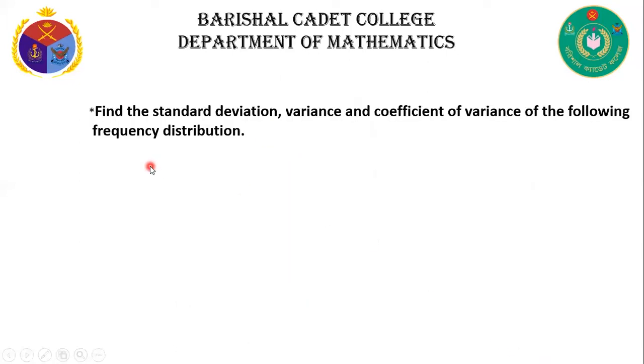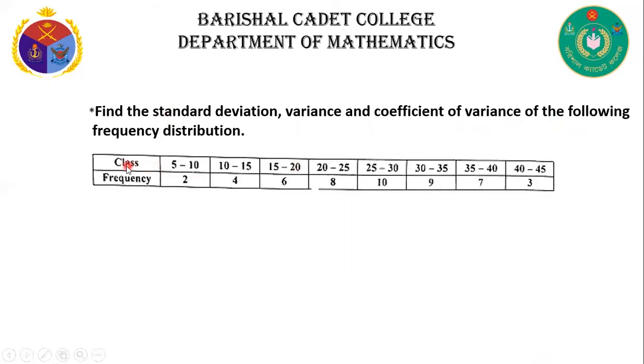Now another question. Find the standard deviation, variance, and coefficient of variance of the following frequency distribution. Here the given classes are 5 to 10, 10 to 15, 15 to 20, 20 to 25, 25 to 30, 30 to 35, 35 to 40, 40 to 45, and the frequencies are 2, 4, 6, 8, 10, 9, 7, 3.